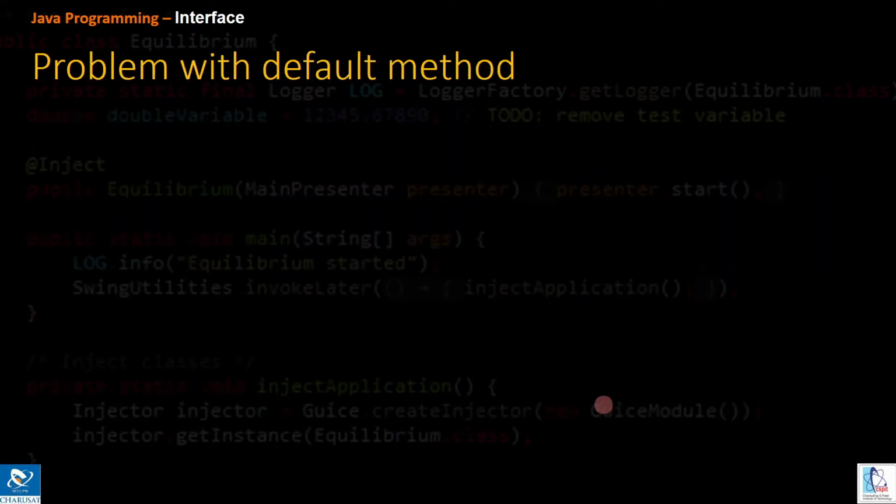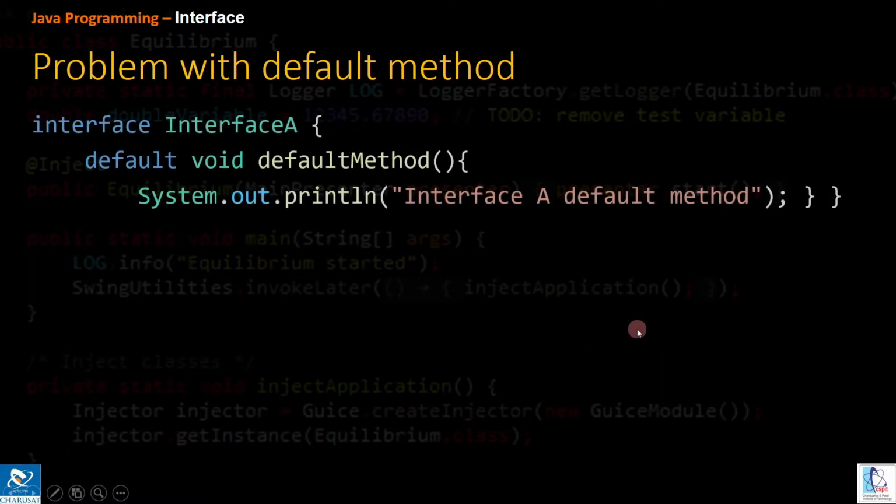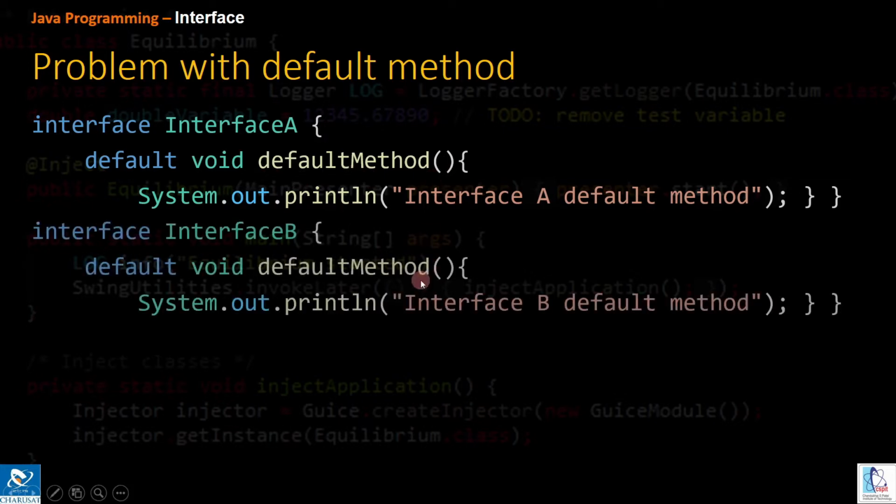Okay, so what is the problem with the default method? Let's see. Suppose interface A is declared with a default method, default void default method, and consider that there is one more interface called interface B, which also has a default method having the same name. Here you can see both have the same signature.